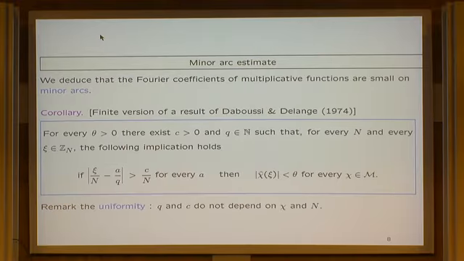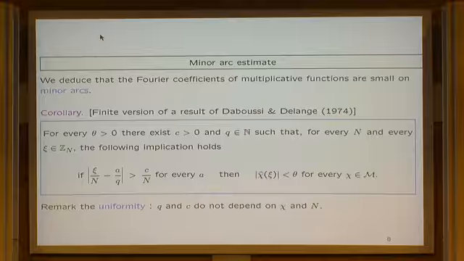And we can use this lemma in order to describe the Fourier coefficients of a multiplicative function. These coefficients are small on minor arcs. What I mean by minor arc: psi of n, where the Fourier transform is taken, is far away, or relatively far away, from every rational with a small denominator.